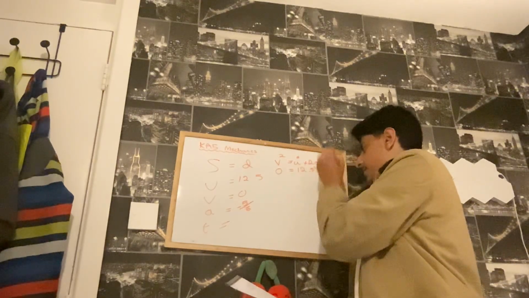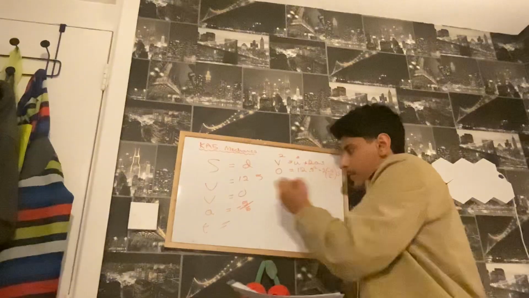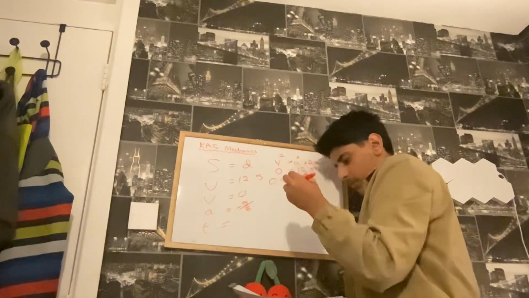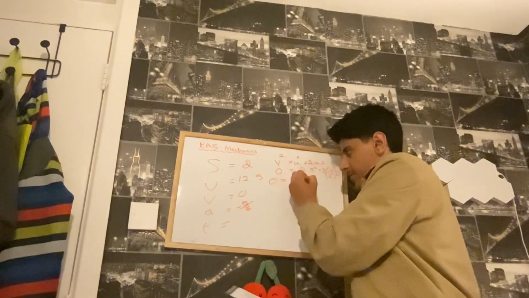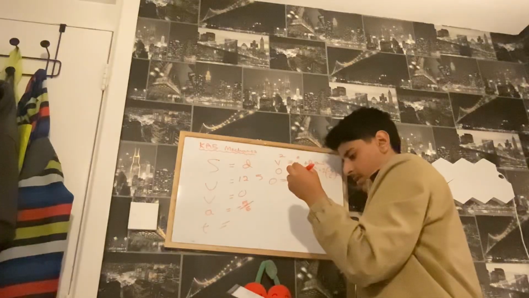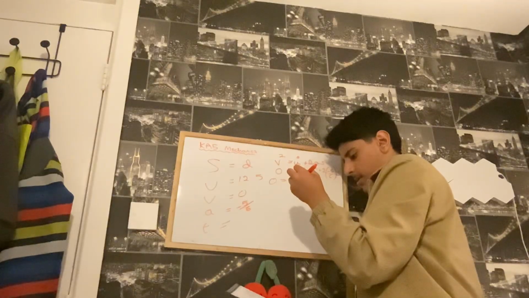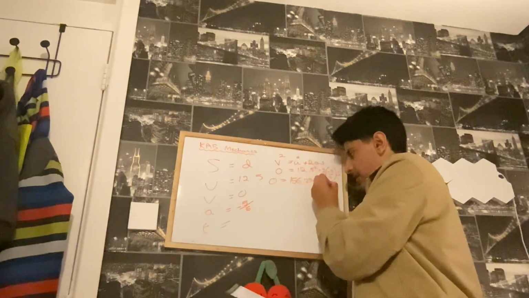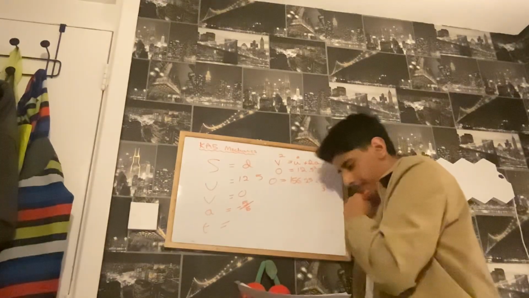Sorry, there's barely any space. So 0 equals 156.25 minus 5 over 3 s.